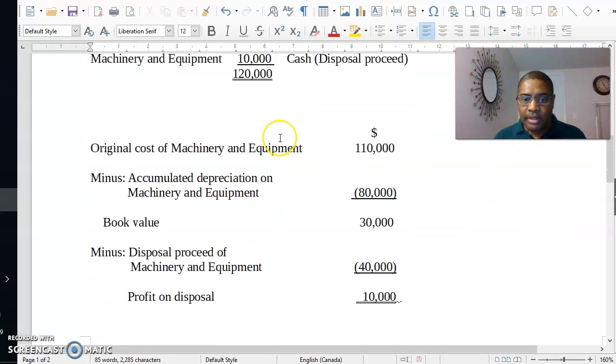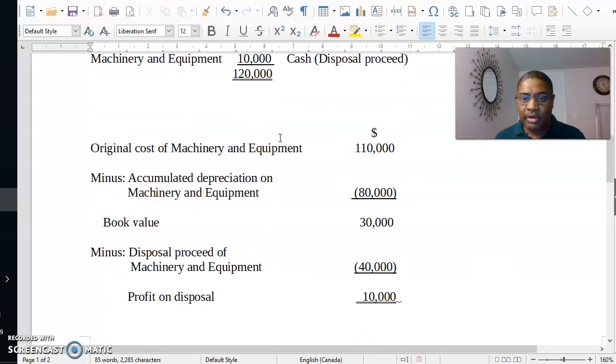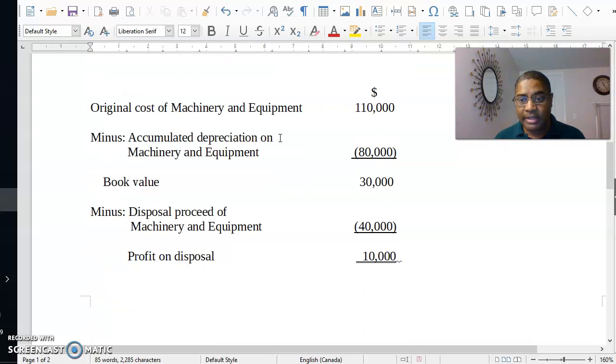The other complication I think students might have, or the other question students might ask, is why do we calculate depreciation instead of having a market value to calculate the reduction in value of the asset?